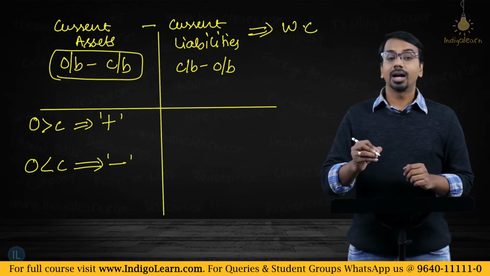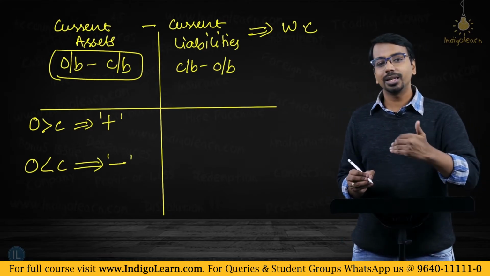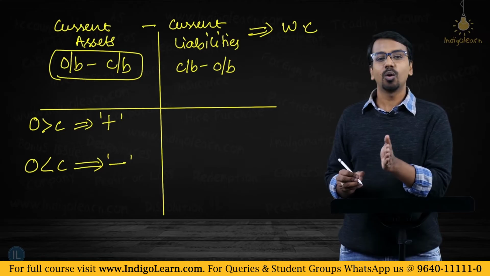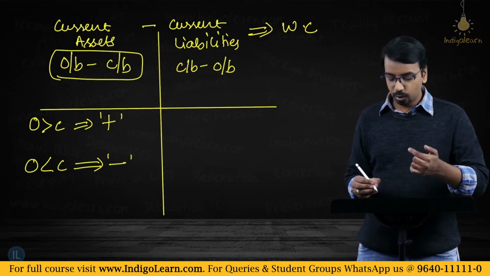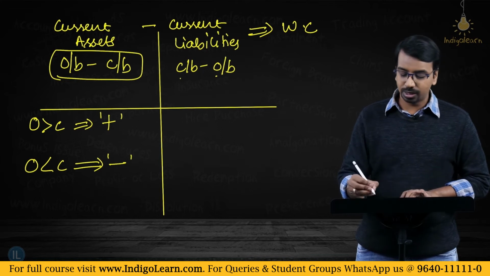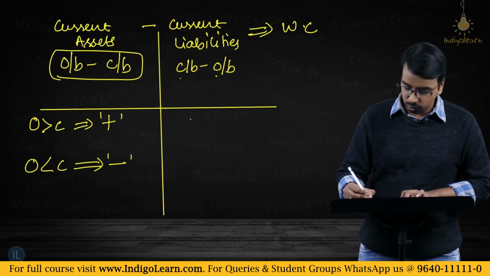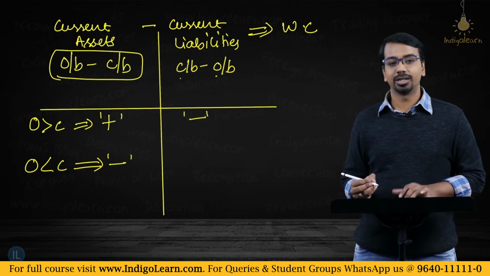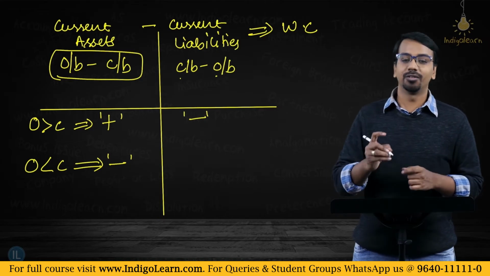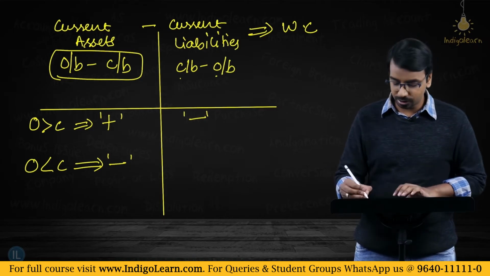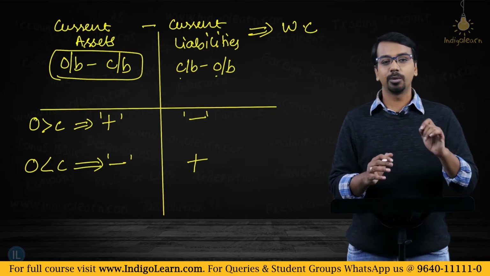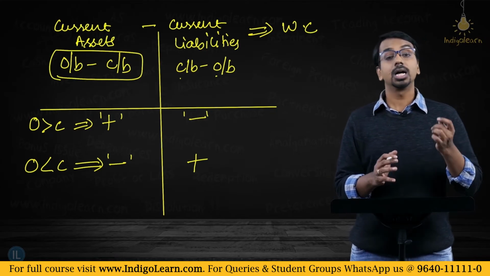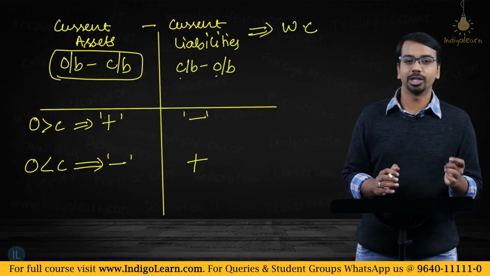Come to the other side, current liabilities, closing minus opening. So if you use closing minus opening and opening is greater than closing, this number will be negative, so you will do a reduction. Similarly, if it is a reverse case where opening is less than closing, you will do an addition. So this is the summary of adjustments you will be doing when you have to adjust the working capital changes.